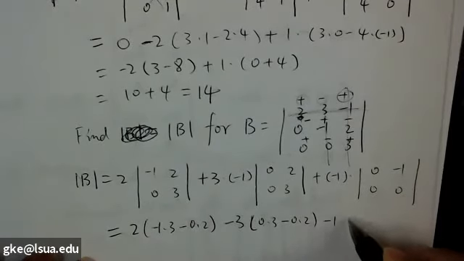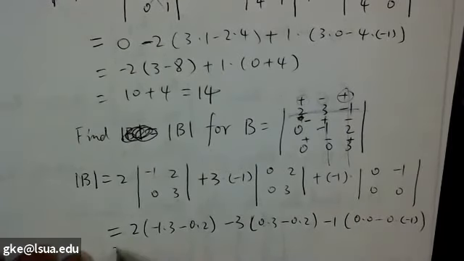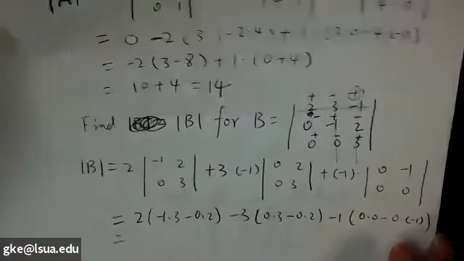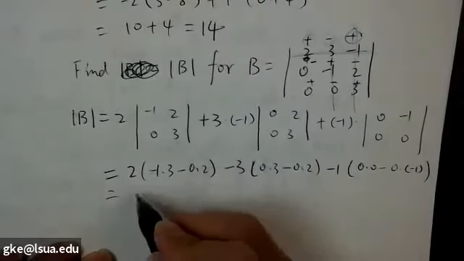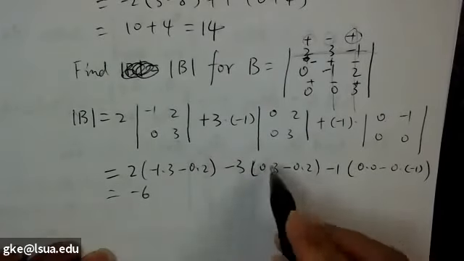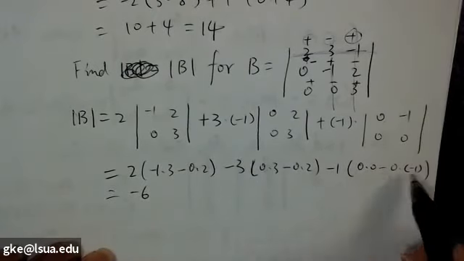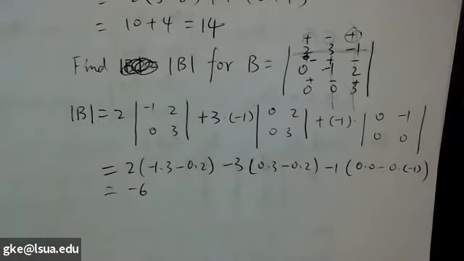Here's a negative 1 times (0 times 0, 0 times negative 1). Here we get negative 3 minus 0 is negative 3, negative 6, and here 0 times 3 is 0. So the determinant of B should be -6.